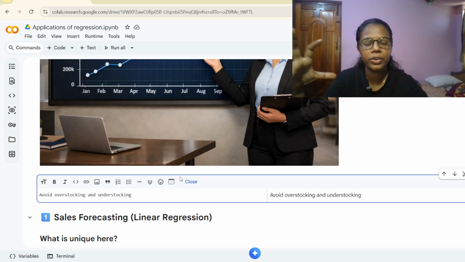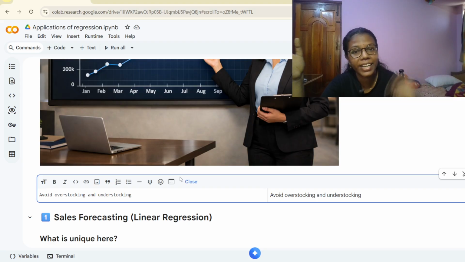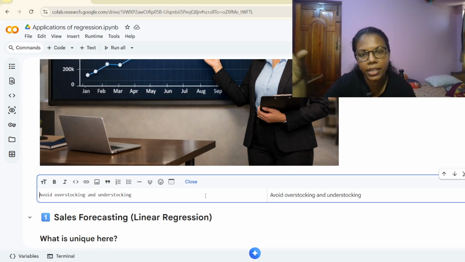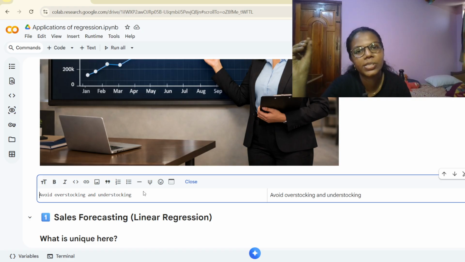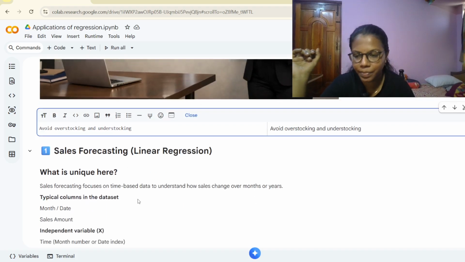If I am buying many more products than I actually need, that is called overstocking. If I know exactly how my sales are going to happen next year, I can clearly avoid this problem of overstocking and understocking. That is how powerful sales forecasting is using linear regression.